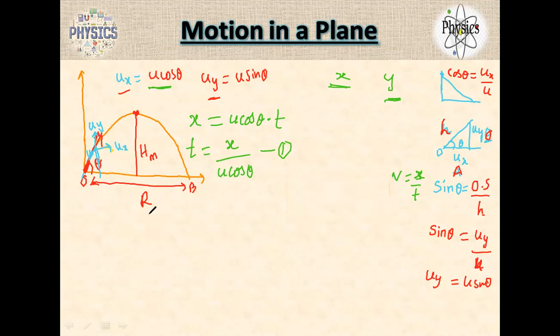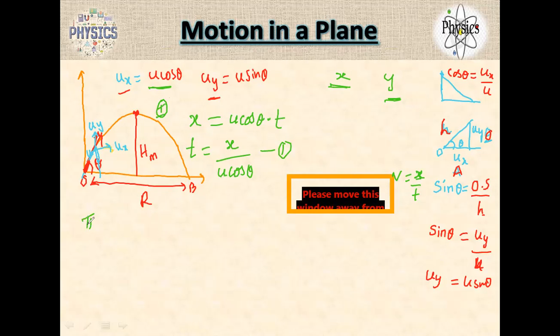So now I got the x direction, and from that I calculated time. This is the first step. Step one we completed.